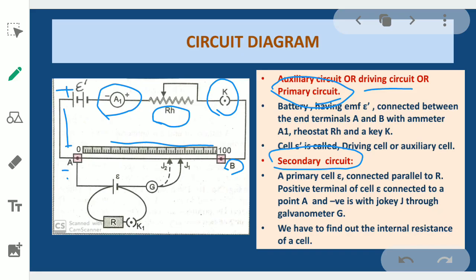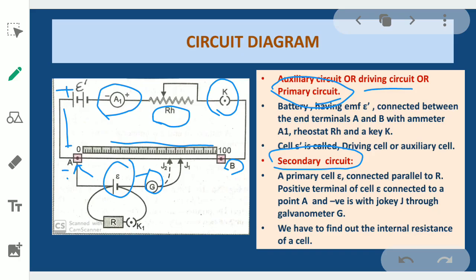And in the secondary circuit, you see that another primary cell, whose internal resistance is to be found out, is connected, this one E. The positive terminal of E is connected to point A, and the negative terminal is connected to jockey J1 through galvanometer G. This is the galvanometer.